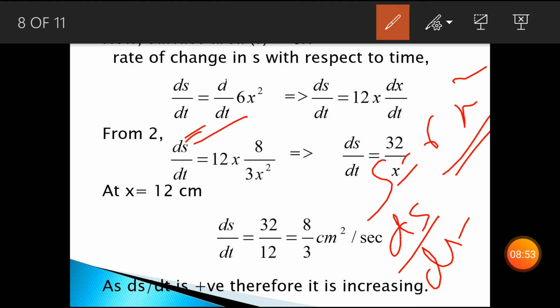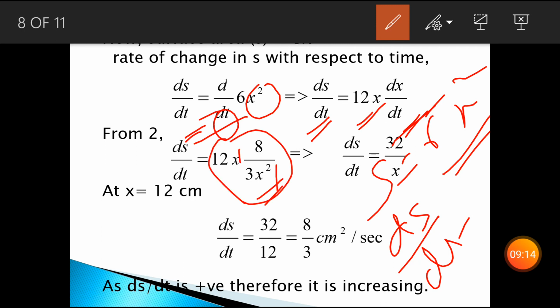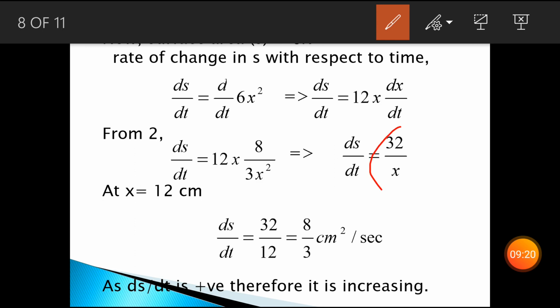Okay, again the variable is x and we are differentiating with respect to t, so we have to apply the chain rule. So dS upon dt equals 12x dx upon dt, and dx upon dt we have already calculated, that is 8 upon 3x square. So we are going to use that value here. Now one of the x will be cancelled and 3 4s are 12, so this is 32 by x. So we will get this value.